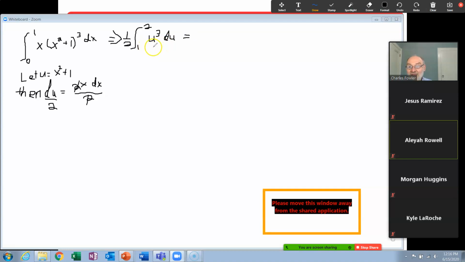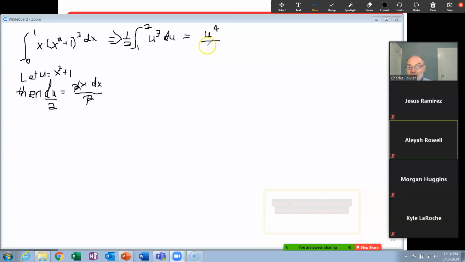Now let's evaluate our antiderivative. What is the antiderivative of u cubed du? Again, increase the exponent by 1. 3 plus 1 is 4. And then divide by that new exponent, divided by 4.